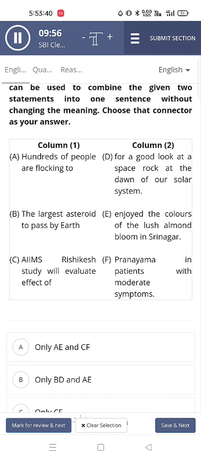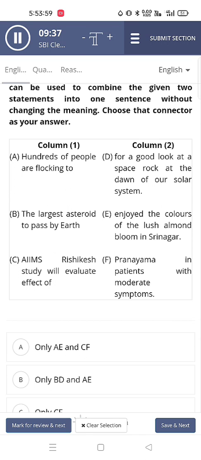If you find the answer, then do not check other options. Okay. If you find right combination, then there is no need to check other options. Hundreds of people are flocking to enjoy it, wrong.